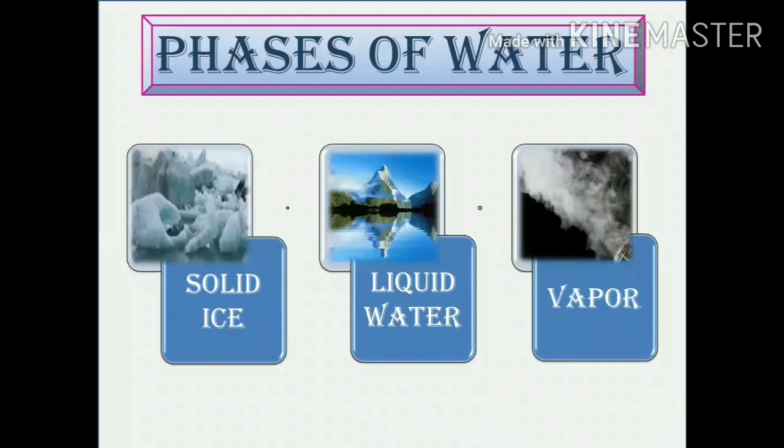We know that there are three distinct phases of water, that is solid, liquid and vapor. The water exists in the solid phase, which we usually call ice. It exists in the liquid phase, which we call liquid water. And also it exists in the gaseous phase, which we call vapor.